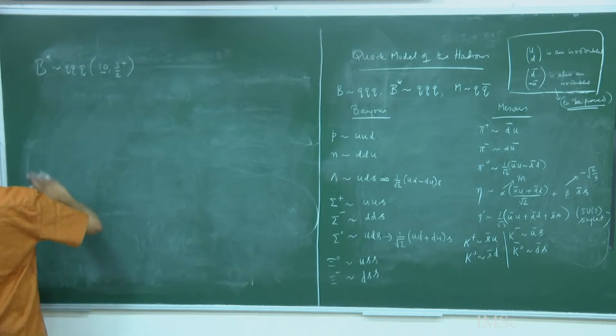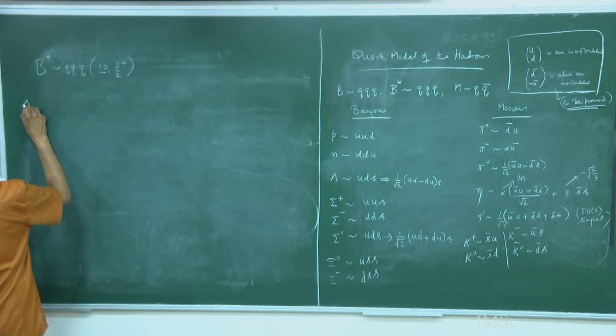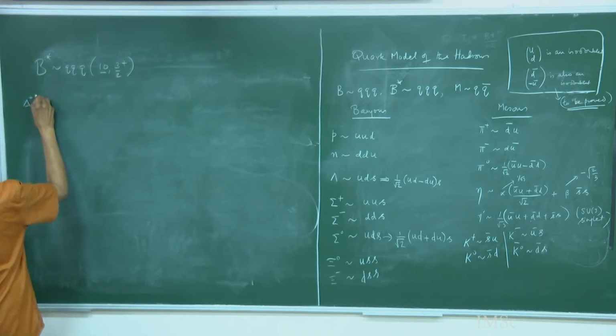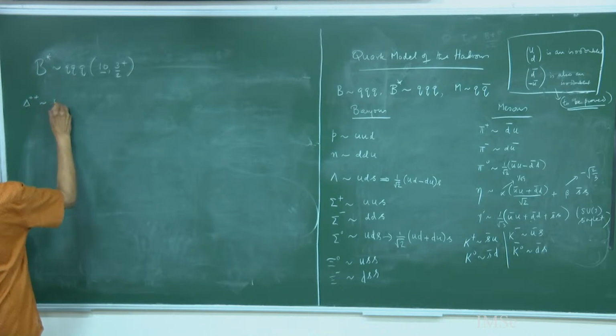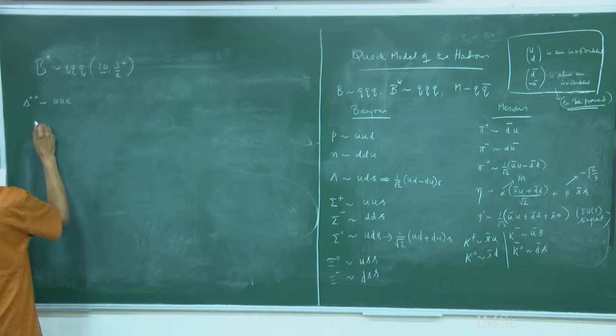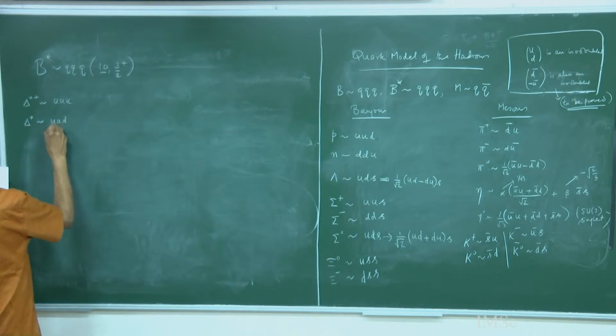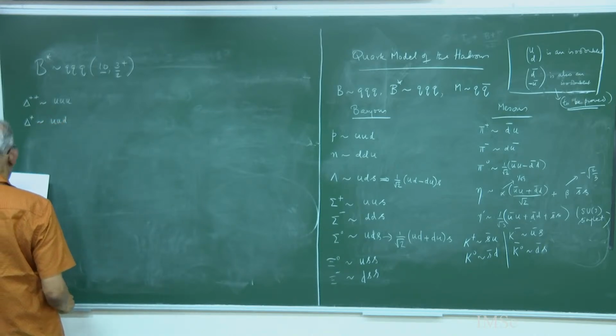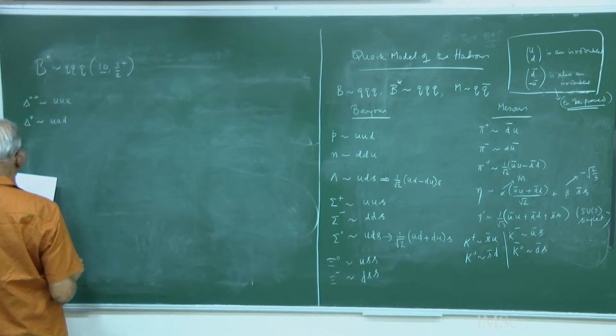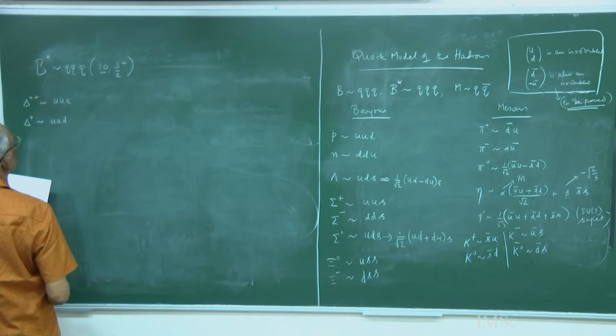Let us start with the delta plus plus. Three u's, 2/3, 2/3, 2/3, so total charge is 2. Delta plus: u u d. Then additive quantum numbers will balance, but we have to do something more to this now.